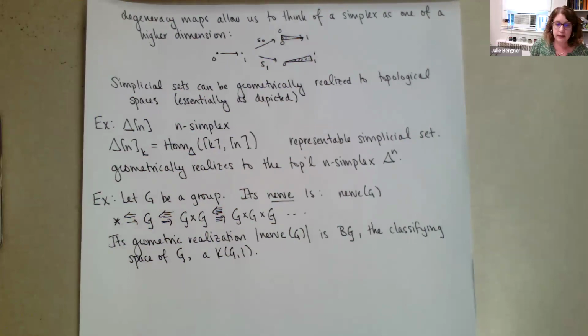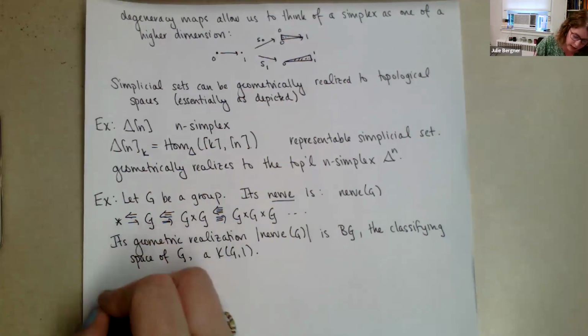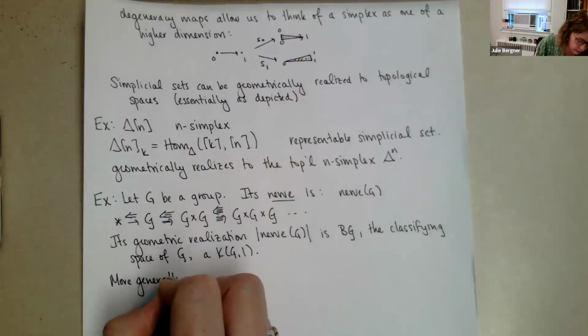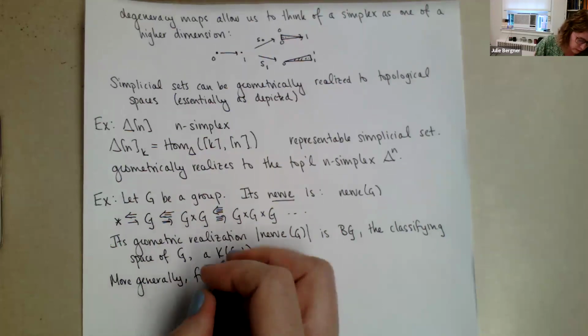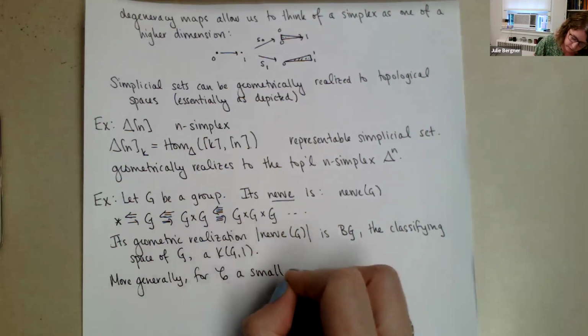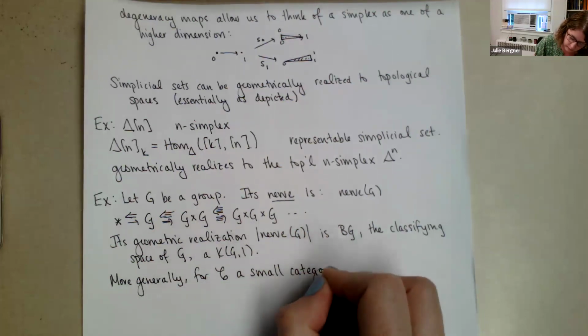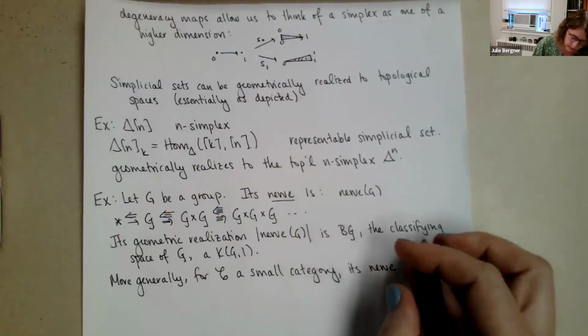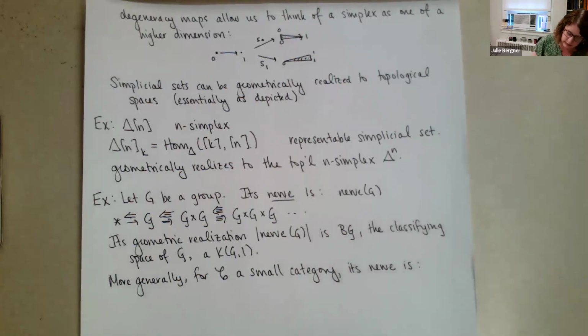Now, there wasn't really anything special about this being a group. We didn't really use the group structure, so a monoid is perfectly good. And in fact, we can add more objects, so we can do this for any small category C. Its nerve is just slightly more complicated.